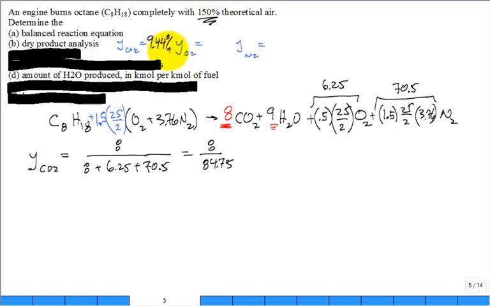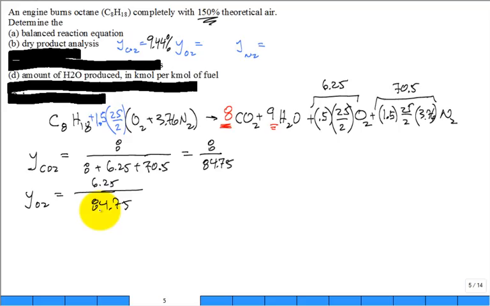Around 10% is carbon dioxide. Does that look reasonable? All right, well then what's the oxygen? Well, the mole fraction of the oxygen in the dry products would be 6.25 divided by the sum, 84.75.